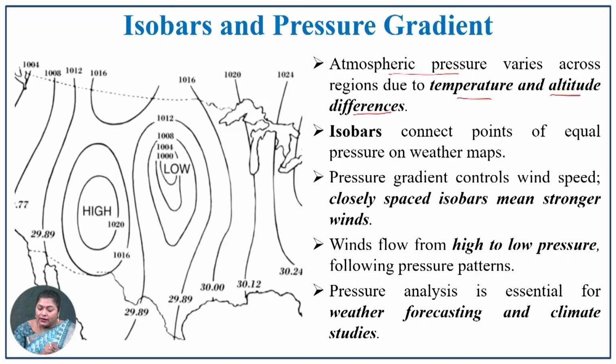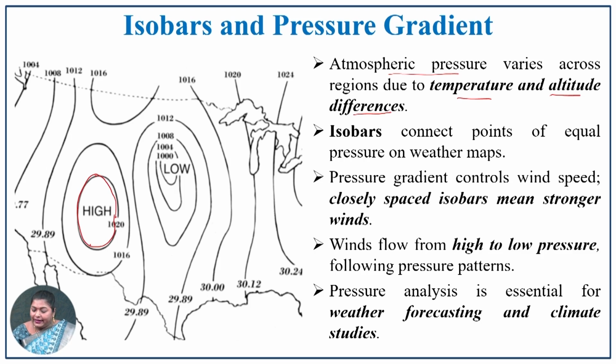The isobars connect the points of equal pressure on a weather map. For example, if it is a high pressure region of 1020 millibars, the 1020 millibar region is connected, and this line is known as an isobar.